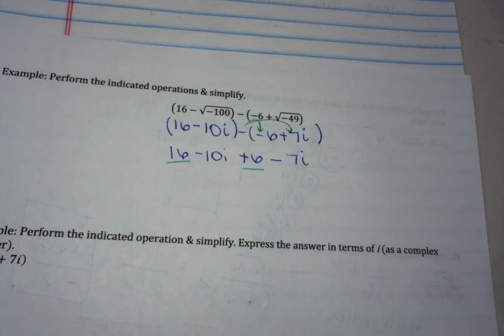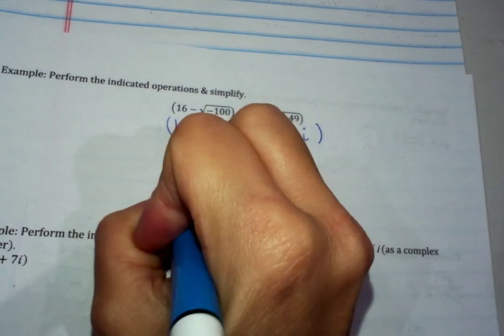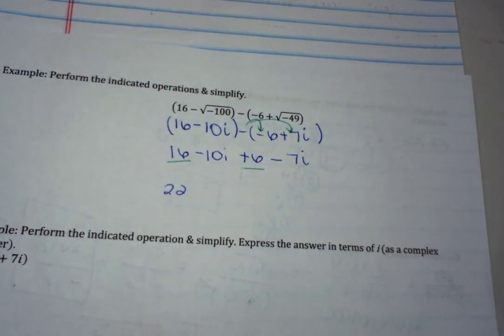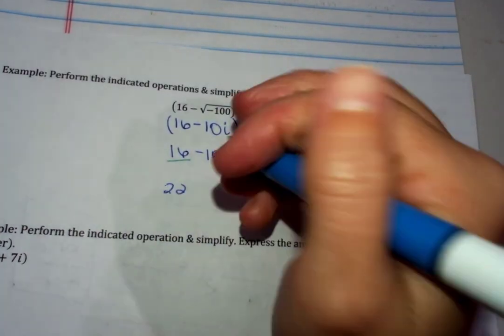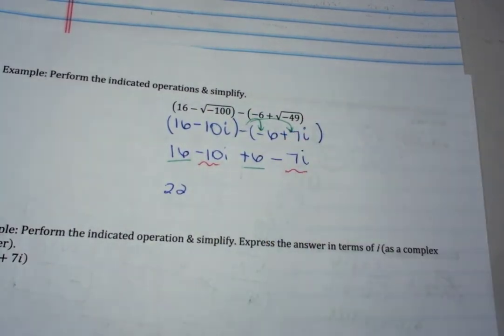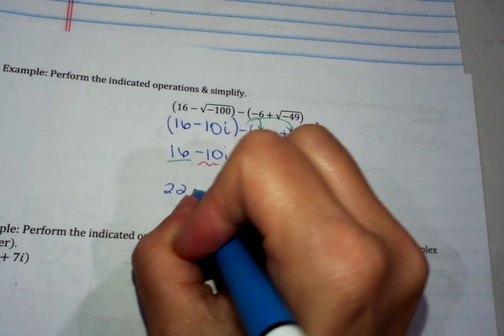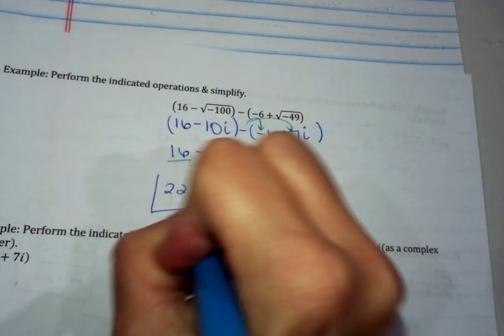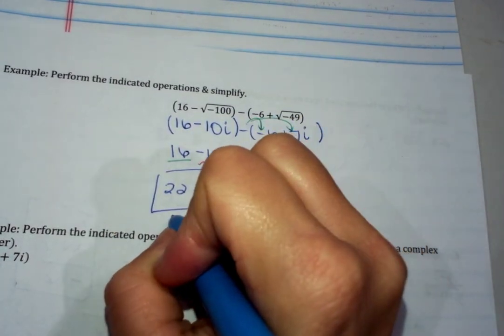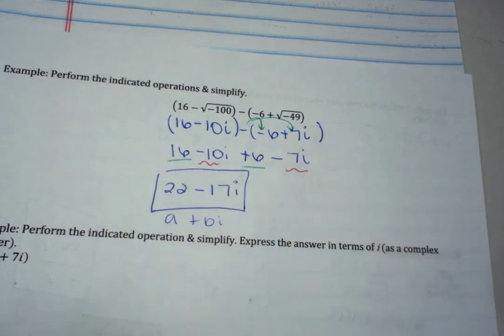And then I have negative 10i minus 7i. Those are like terms, just i's. Negative 10 minus 7 will give us negative 17i. These are not like terms, we cannot combine them. It is in a plus bi form, so that's our final answer, 22 minus 17i.